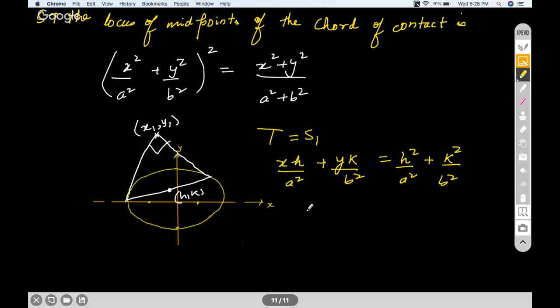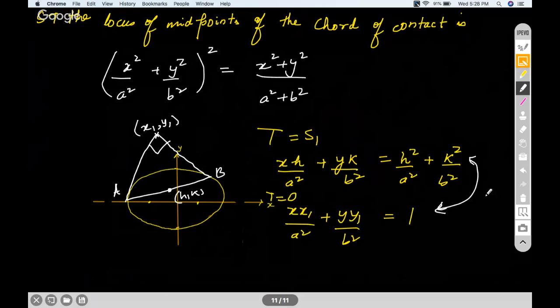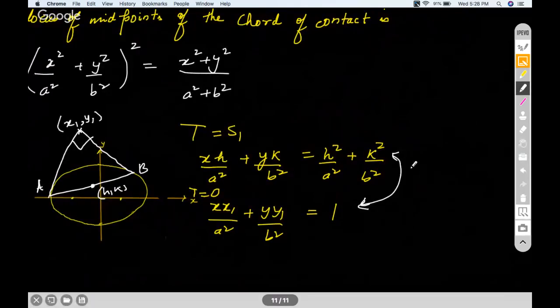And in a similar way, I can also write down the equation of a chord of contact drawn from x1 y1. That is nothing but T equal to 0. So x x1 by a square plus y y1 by b square equal to 1. Right? Now, ideally speaking, these two equations stand for the same thing, AB. So these both are actually the equations of AB. And hence they are same.